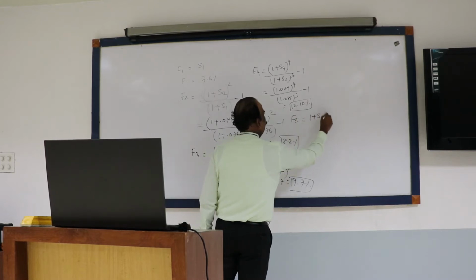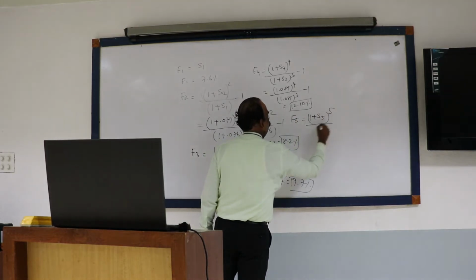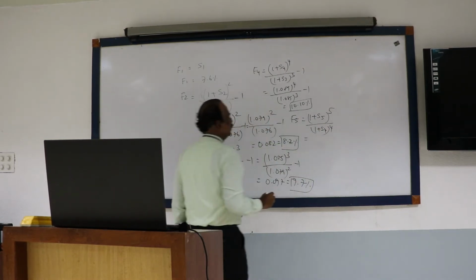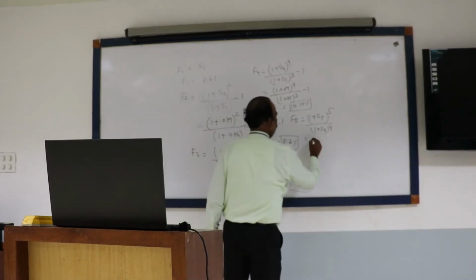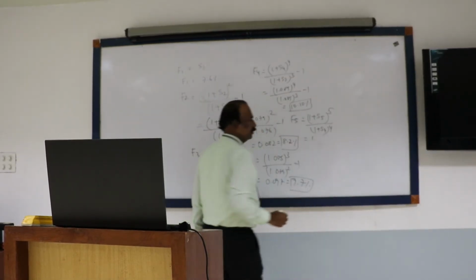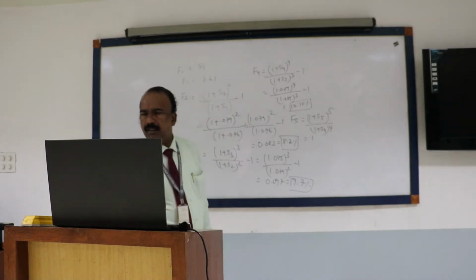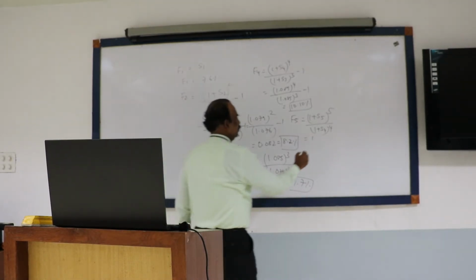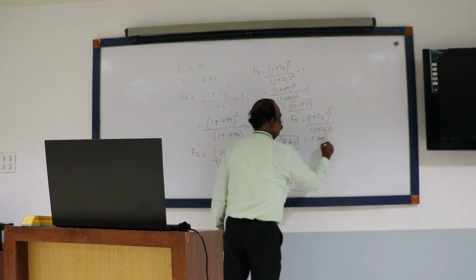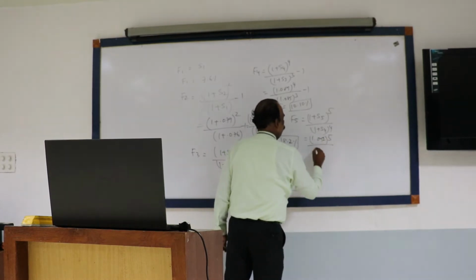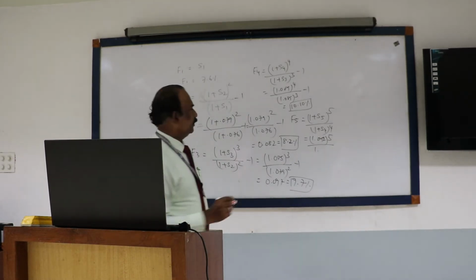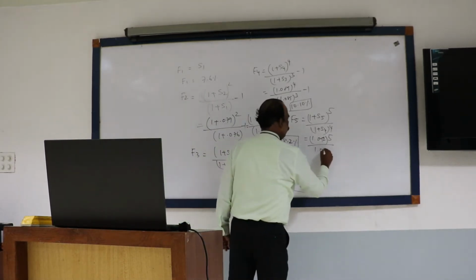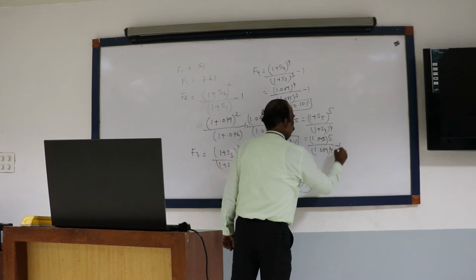(1 plus S5) power 5 whole divided by (1 plus S4) power 4. That is 1.092 power 5 whole divided by 1.089 power 4 minus 1.